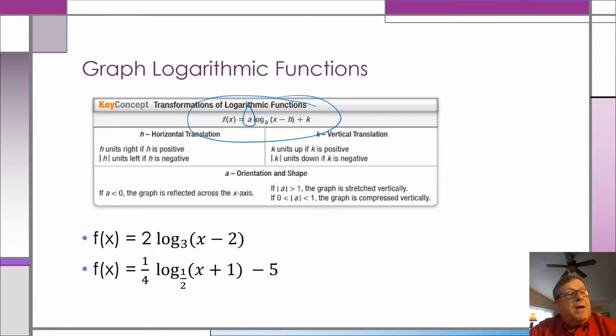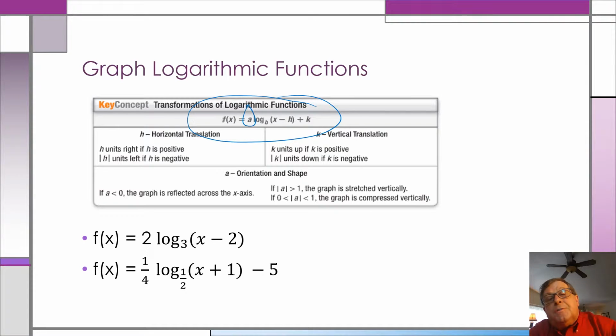Now, if the absolute value of a is greater than 1, the graph is going to be stretched vertically. And if a is between 0 and 1, greater than 0 but less than 1, we're going to see the graph compressed vertically. So that's the effect that a has on our logarithmic function.